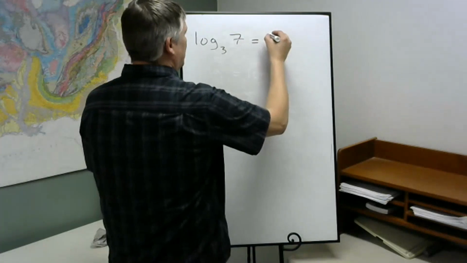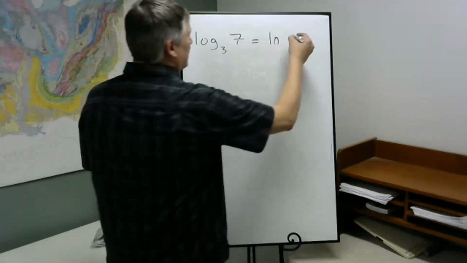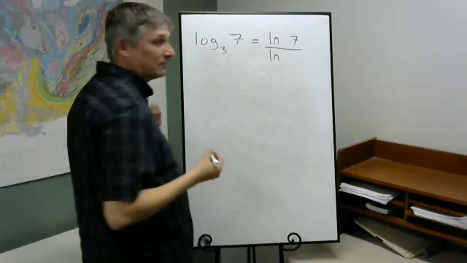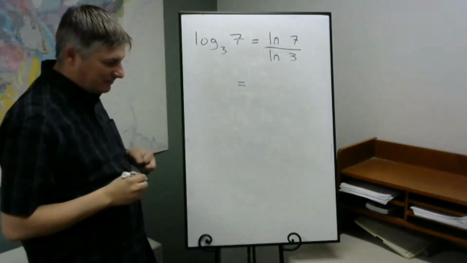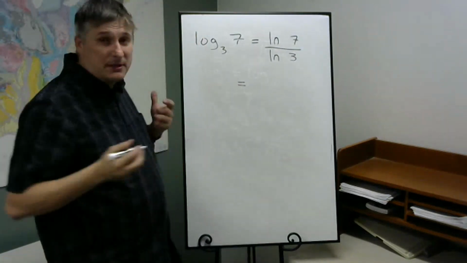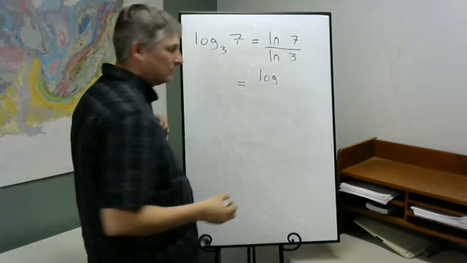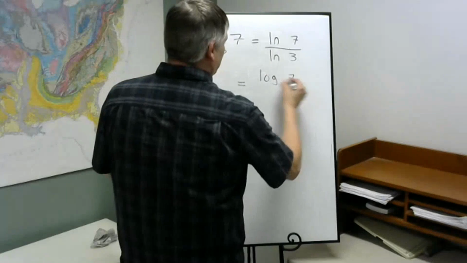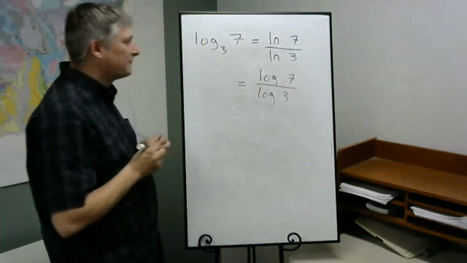Well, we can compute this as the log base E, or natural log, of 7 divided by the log base E, or natural log, of 3. Or it's going to be equal to the same number: log base 10, or log typically on your calculator, of 7 over log base 10 of 3.